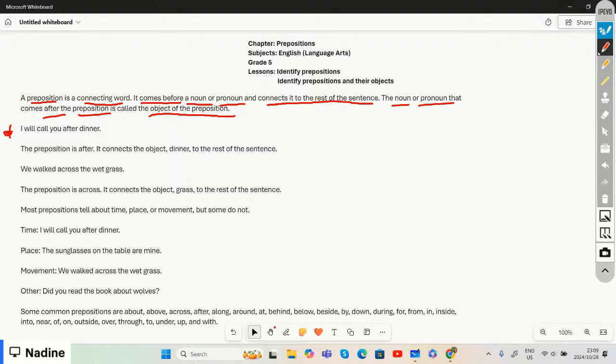The book is on top of the table, or my bag is behind my chair. So those are words that are prepositions, but I don't think we can say compound words really.